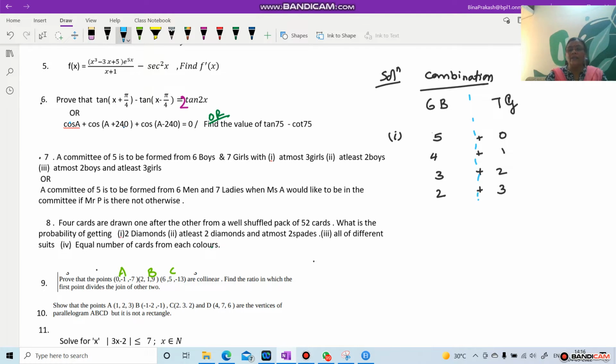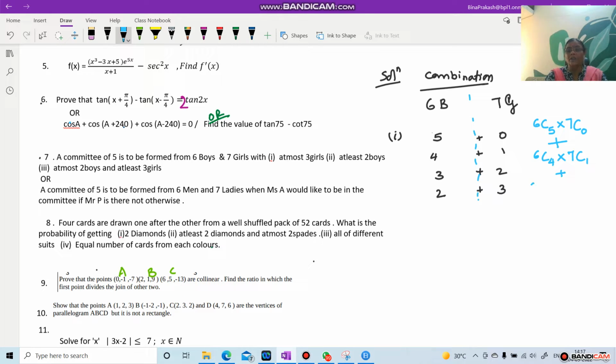We are selecting 5 from the 6 boys, and it means multiplication, no girls are selected, so 7C0. Then or means plus. We can also have 4 boys from the 6 boys. Then in that case we'll require 1 girl.